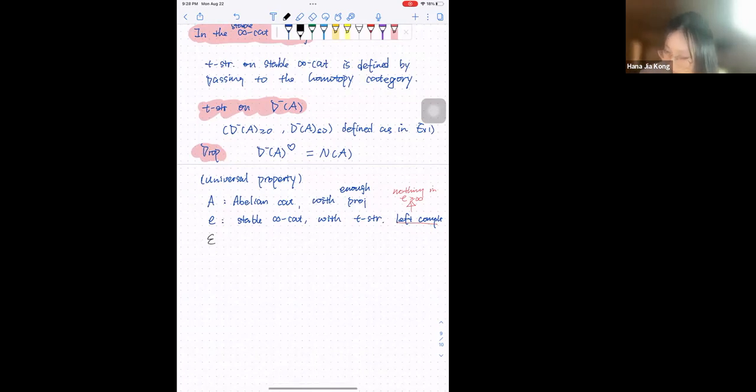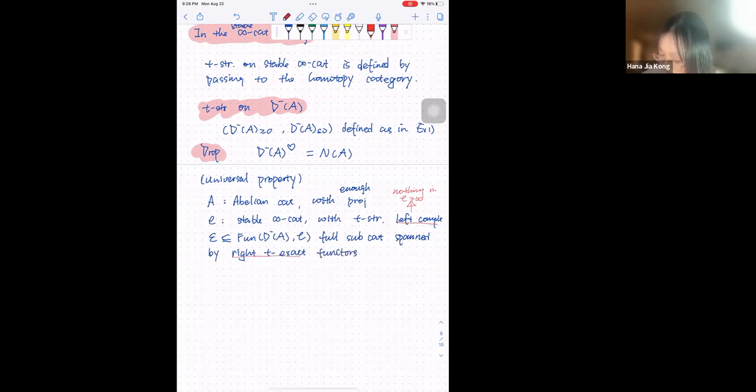And so we look at the subcategory of the functor category from the derived category of A to C. This is the full subcategory spanned by functors that preserve the greater or equal to 0 part. So they also have a name, right? t-exact functors.